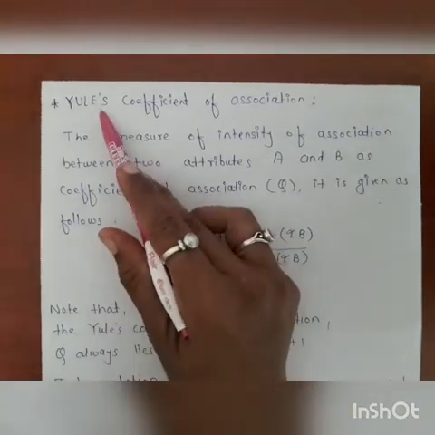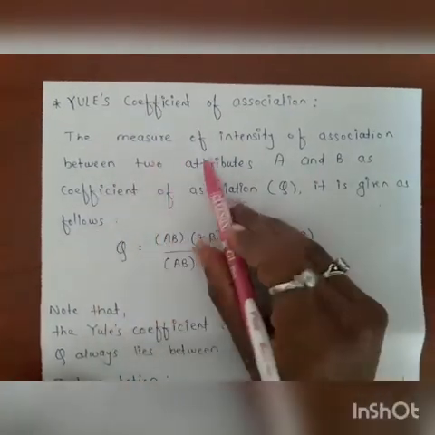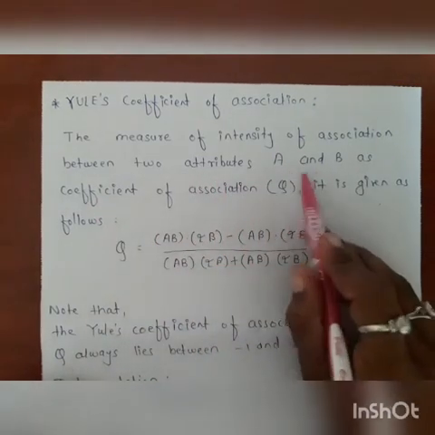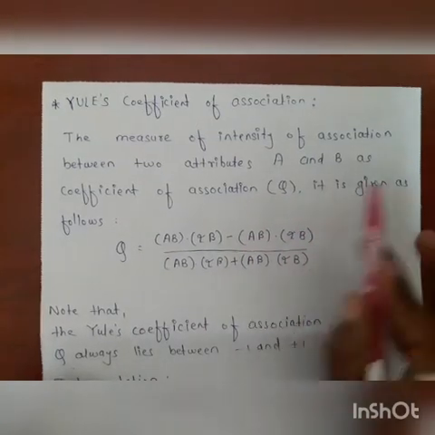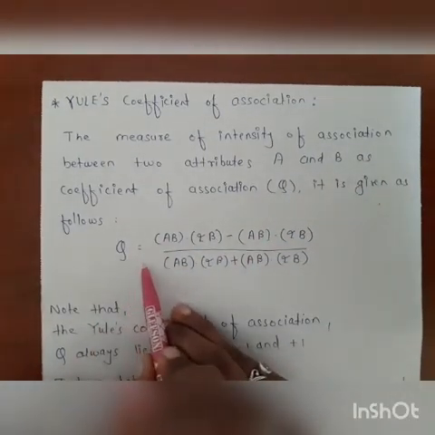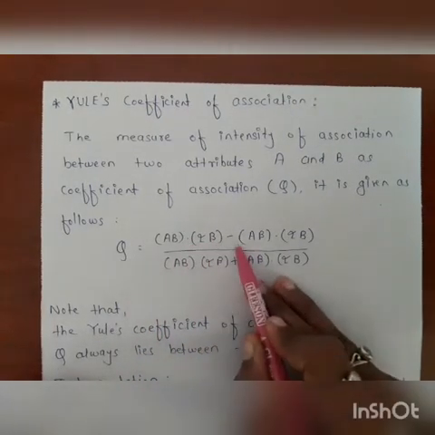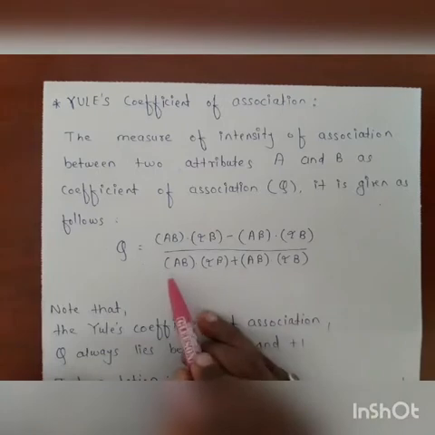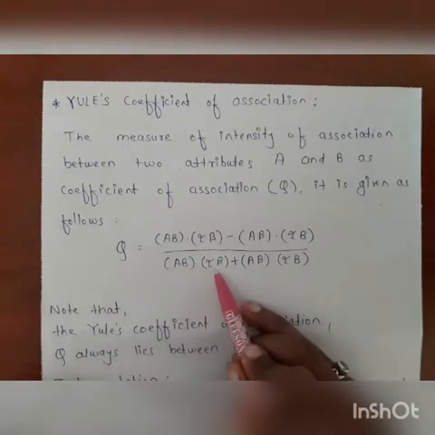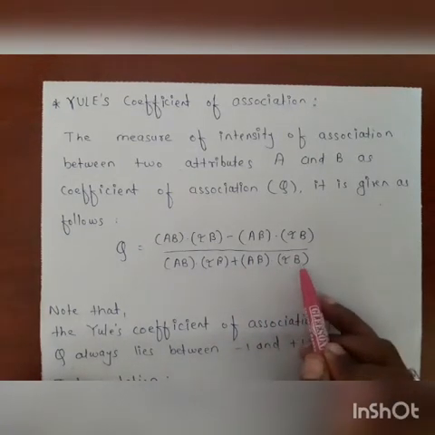Next point is Yule's coefficient of association. The measure of intensity of association between two attributes A and B is the coefficient of association Q, given as follows: Q = [(AB)(αβ) − (Aβ)(αB)] / [(AB)(αβ) + (Aβ)(αB)].